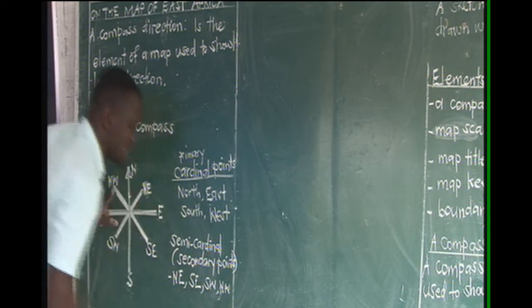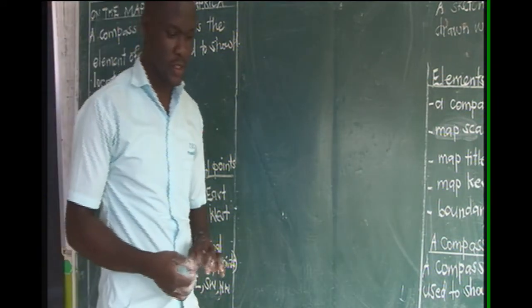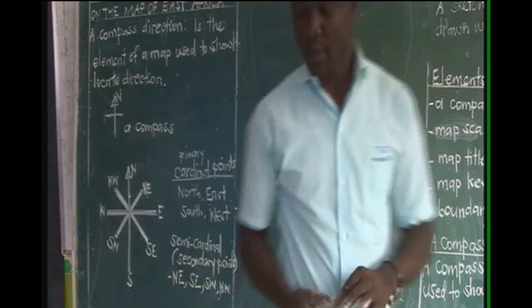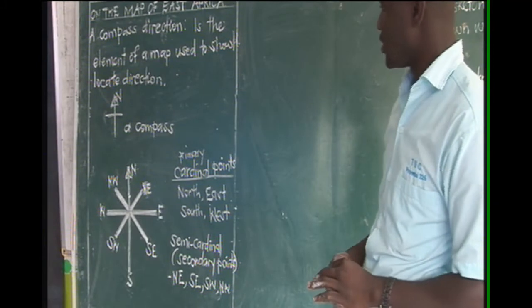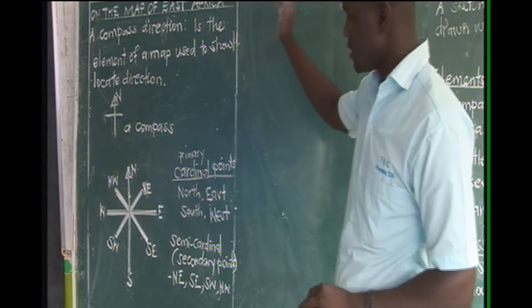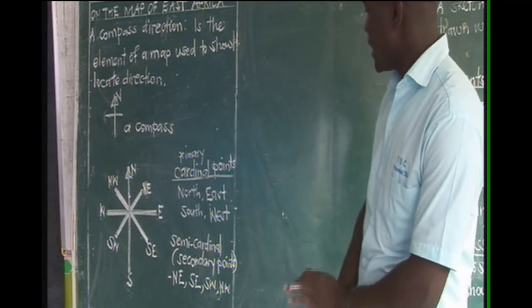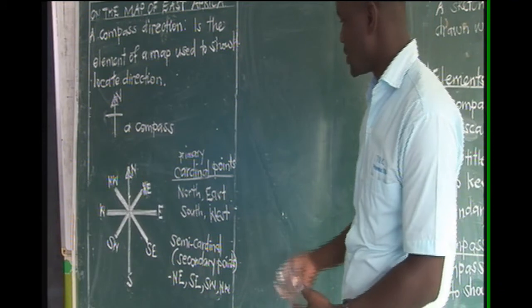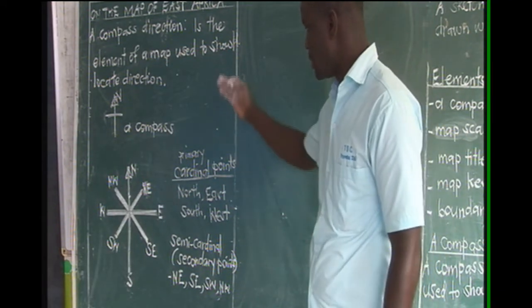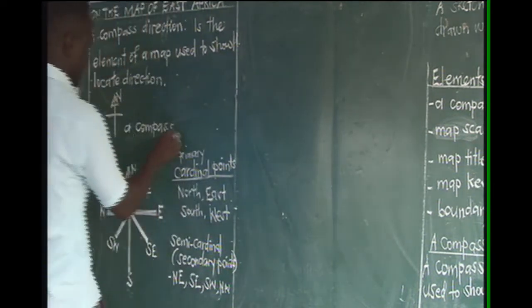So these are the examples of semi-cardinal points that we have also called secondary points of a compass. Please, you need to be aware of that. Like we have said, a compass, these ones are used for locating places. The other thing that we are going to share is which group of people need this instrument that we have called a compass.